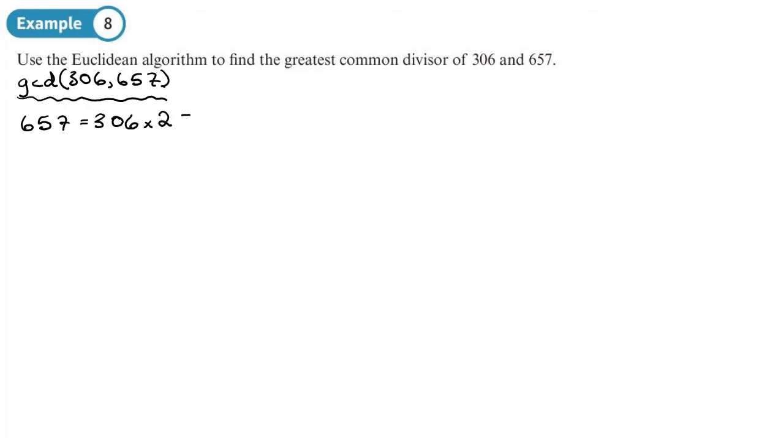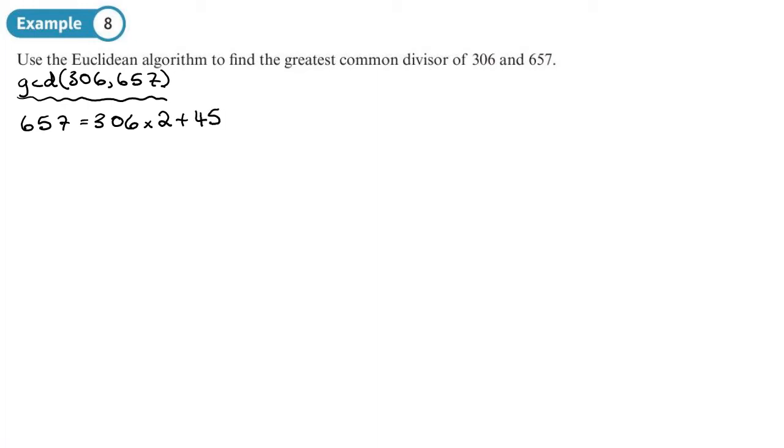So I can then work out the remainder. If I subtract 612 from 657, that leaves a remainder of 45.